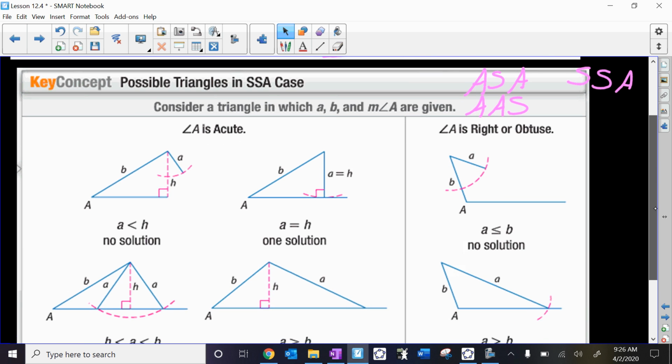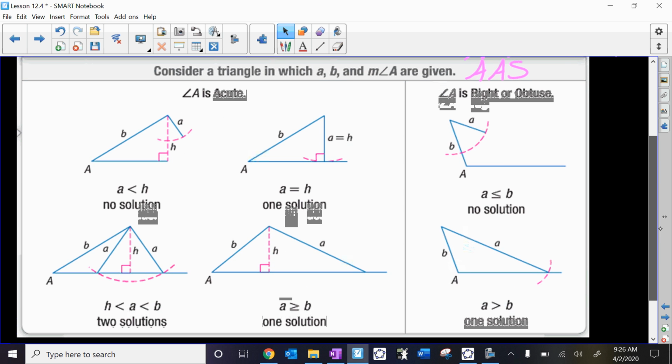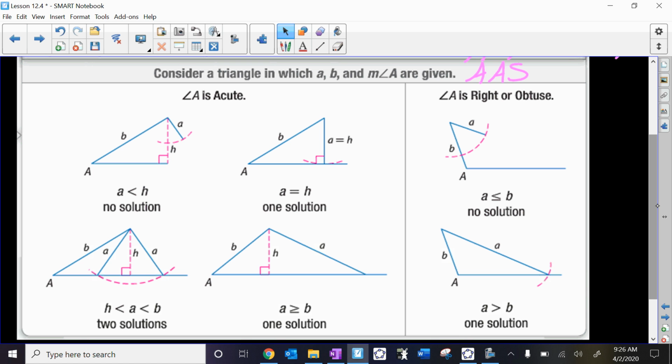Okay, so there's going to be this big giant chart here, and it's split up into 2 categories. One category is where they give you 2 sides and an angle, and the angle is acute. The other is they give you 2 sides and an angle that is either right or obtuse.